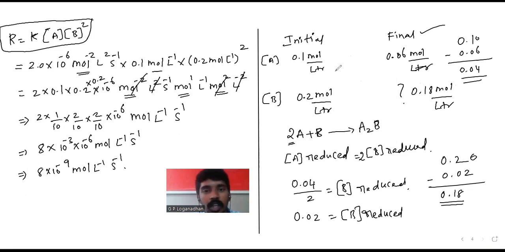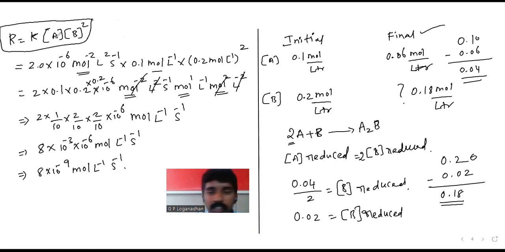So now you know the concentration of A and B, and you know the rate constant K. That's it, you can find. The same formula you will be using. R equals K, which is 2.0 into 10 power minus 6 mole power minus 2 liter power 2 second inverse.